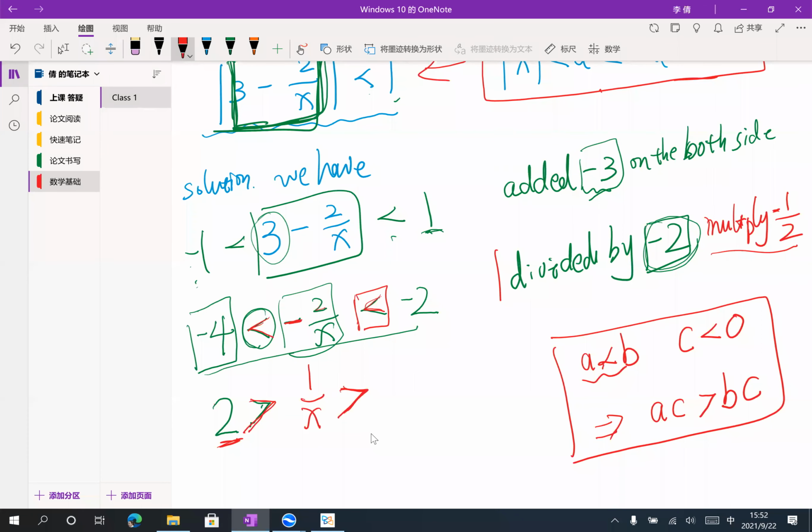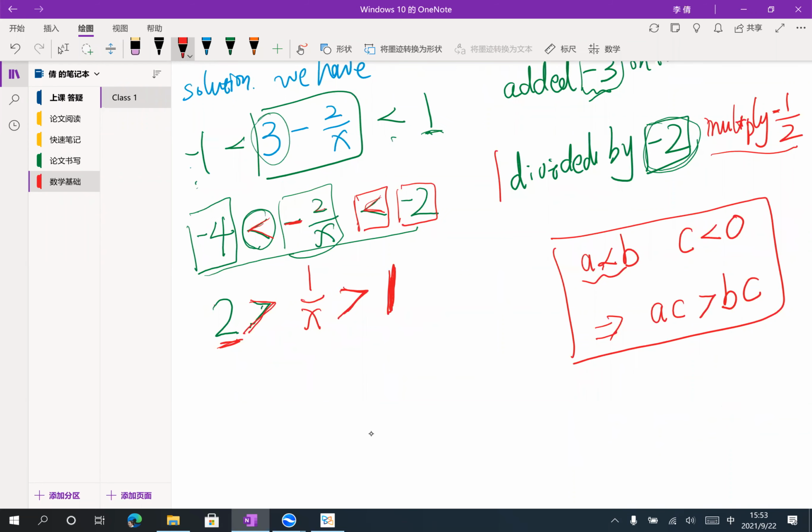Then this is negative 2, and multiplied by negative 1 over 2 it will be 1, right? So we will get 1 over x is larger than 1 and smaller than 2, right?